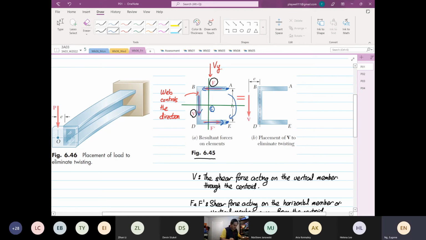So we need to induce a counter moment, right? The only way to induce a counter moment is to offset our shear force V at a distance E. This will induce our counter moment, or counter twist, or moment, whatever you want to call it.